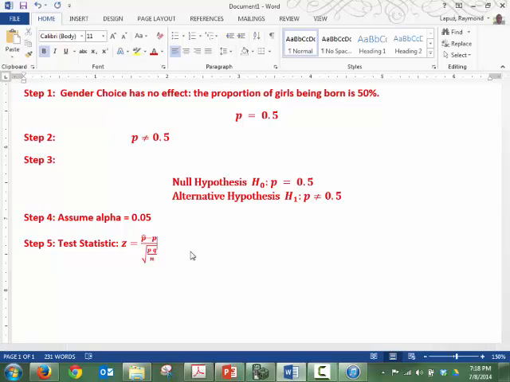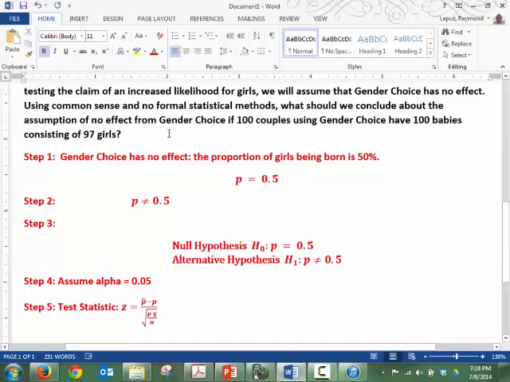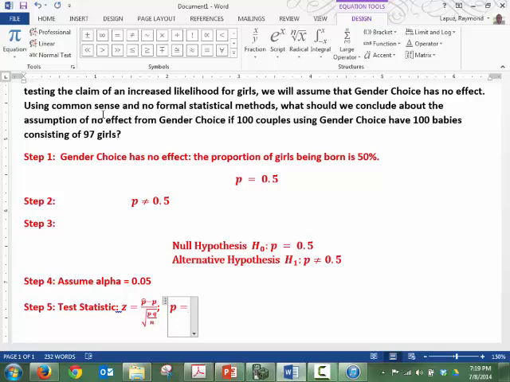Okay? Which means we have to look at this problem and identify P hat, P, Q, and N. Let's start with P. What do you think P is equal to? 0.5. Where did you get that?